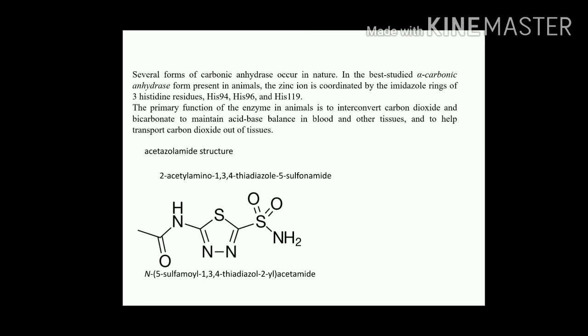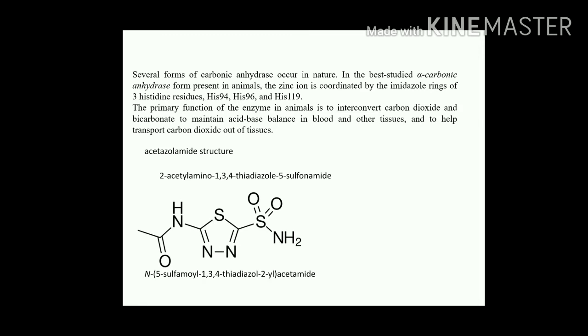In the best studied alpha carbonic anhydrase form present in animals, the zinc ion is coordinated by the imidazole rings of three histidine residues: histidine 94, 96, and 119. These are the residues. The primary function of the enzyme in animals is to interconvert carbon dioxide and bicarbonate to maintain the acid base balance in blood and other tissues, and to help transport carbon dioxide out of the tissues.